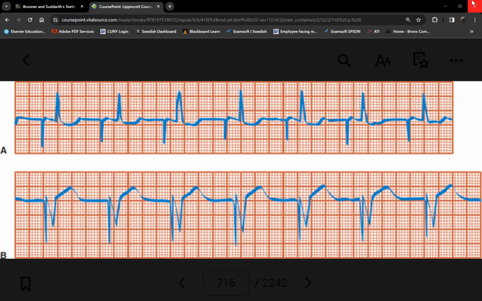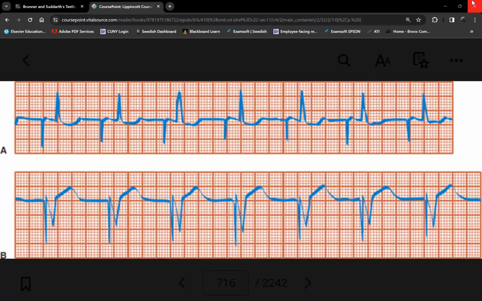So in figure A, this is what we call an atrial paced rhythm. The atria are paced by the pacemaker. Instead of the SA node firing, it is now the pacemaker firing, and then the AV node gets it and transmits it, showing us the QRS, then the cycle goes on. In figure B, this is not lead 2. I'd say this is maybe AVL.